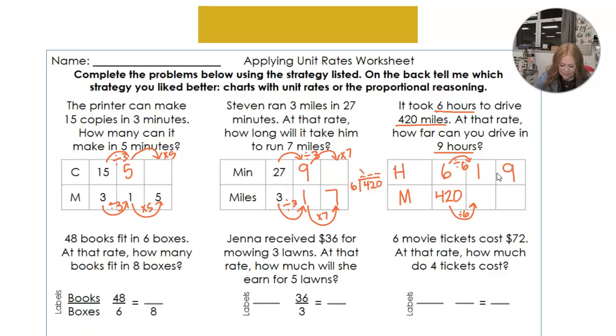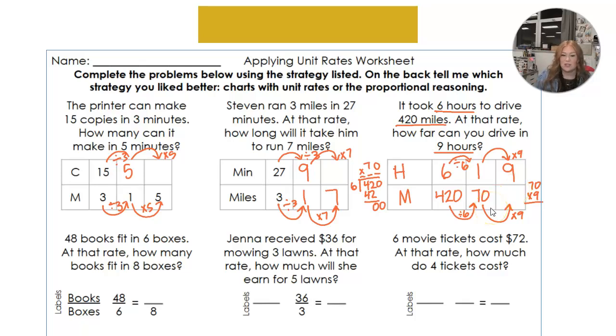So it can't go into 4, but it goes into 42 7 times exactly. But it's not just 7. We have that 0 at the end. 6 goes into 0, 0 times. So in 1 hour, they're driving 70 miles. So now to get from 1 to 9, we times by 9. So we're going to do 70 times 9. So out to the side, go ahead and do 70 times 9 and get your answer to see how many miles they will drive in 9 hours.